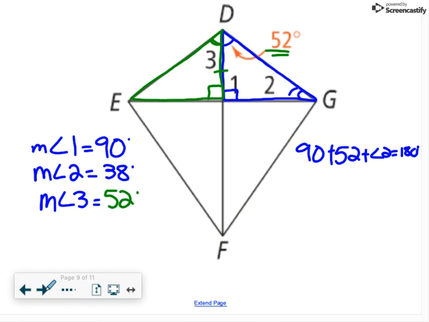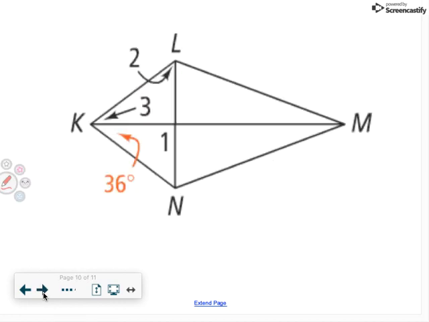So one last problem here. We have a triangle again. Again, notice the 90-degree angle, so angle 1 is 90 degrees. Now we have to find our other pieces. If this is 36 degrees, we know that this is also 36 degrees.